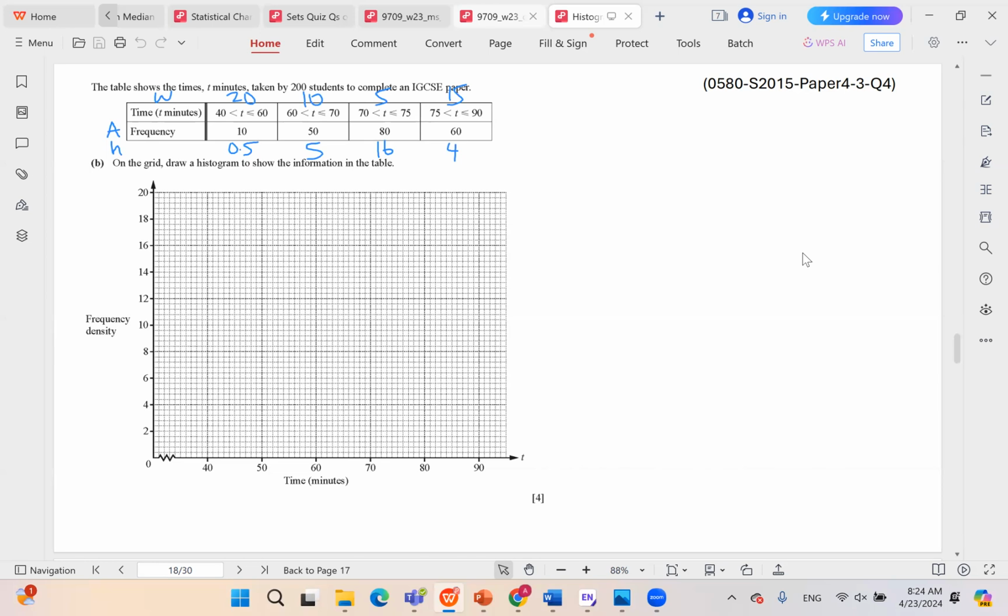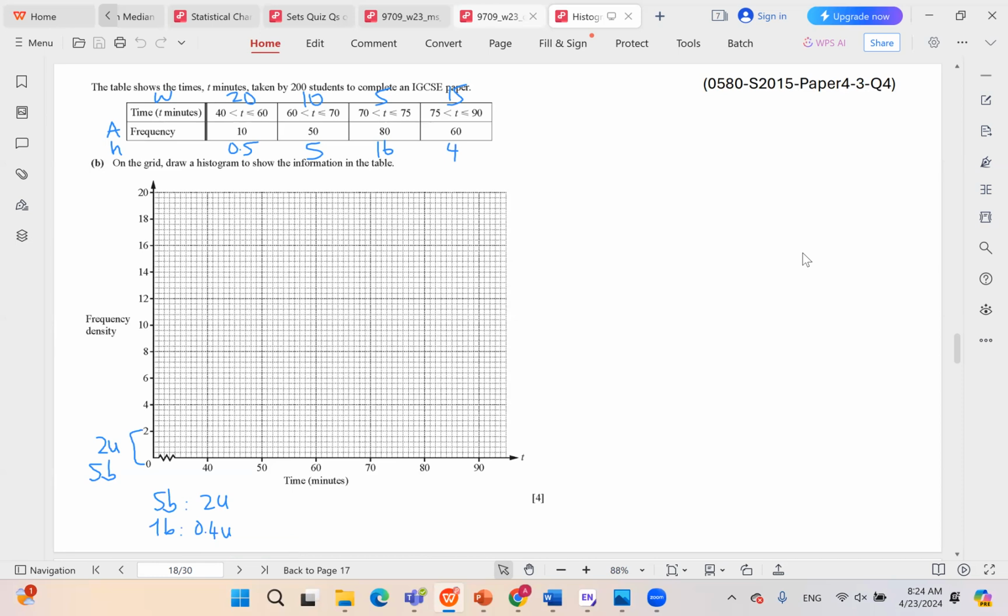So from 40 to 60, we have a height of 0.5. You have to figure out the units in terms of the boxes to units. So here we have 2 units, and we have 5 boxes. So we want to get the value of one small box. So 5 boxes to 2 units. One box will be 0.4 units. 2 divided by 5, which is 0.4 units.